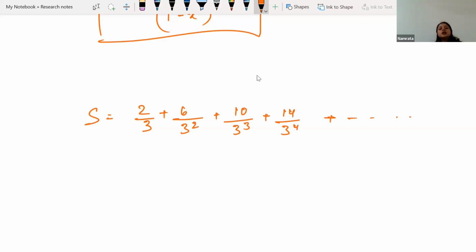This is AGP. Here 2, 6, 10, 14 is an arithmetic series, and 3, 3 square, 3 cube, 3 to the power 4 is a geometric sequence.